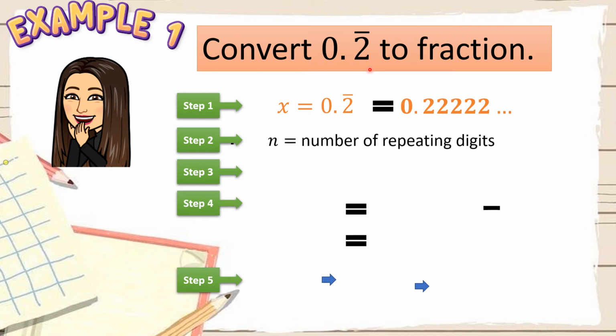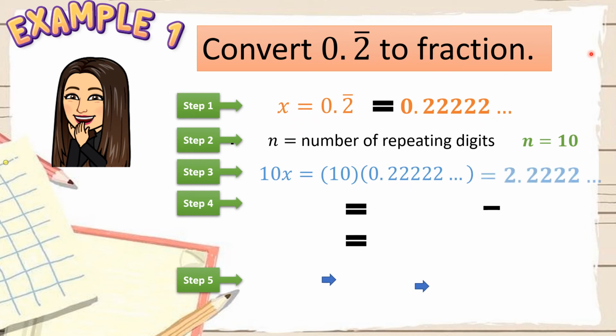For step number 3, we multiply our repeating decimal by 10. So we have 10x equal to 10 multiplied by 0.2222 and so on, and that is equal to 2.22 and so on.